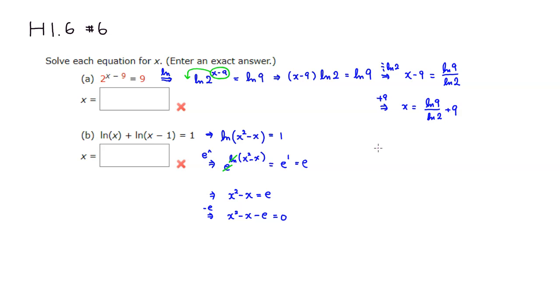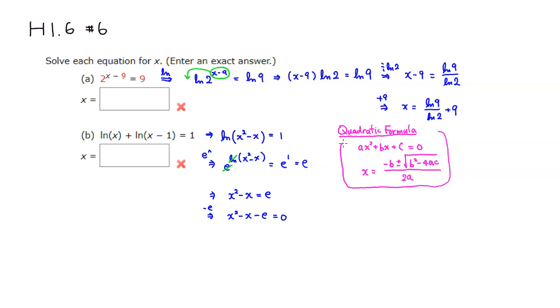If you have ax squared plus bx plus c equal to 0, then x is equal to negative b plus or minus the square root of b squared minus 4ac, all over 2a. This is the quadratic formula.